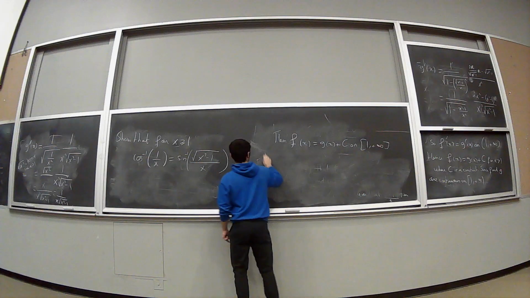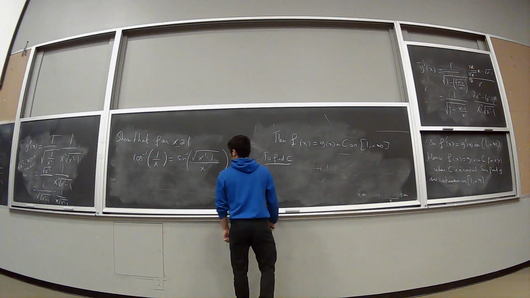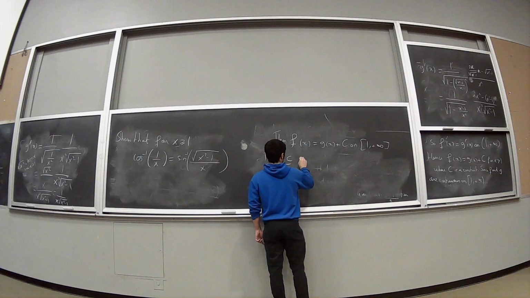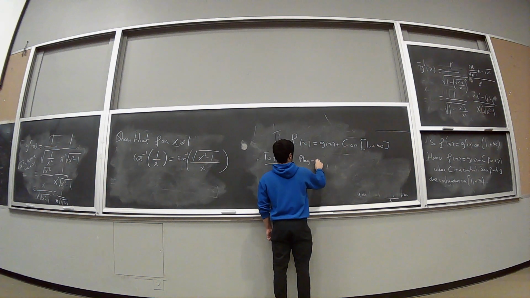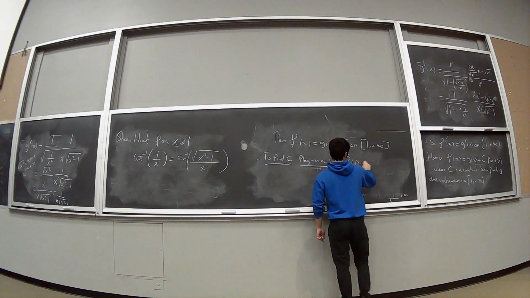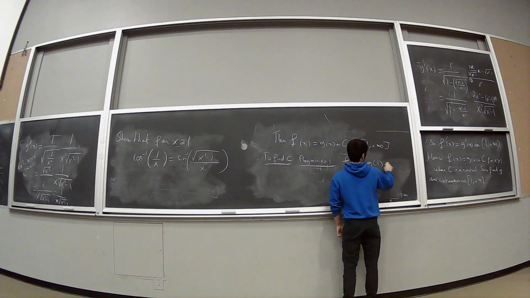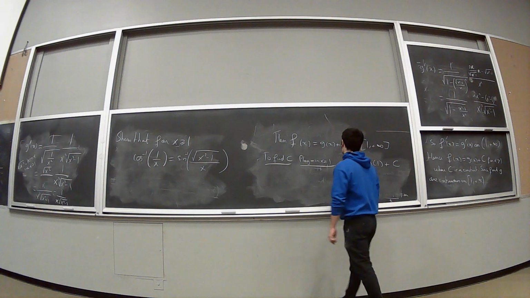To find c, plug in x equal 1. So you get f of 1 is equal to g of 1 plus c. So you have cosine inverse of 1.